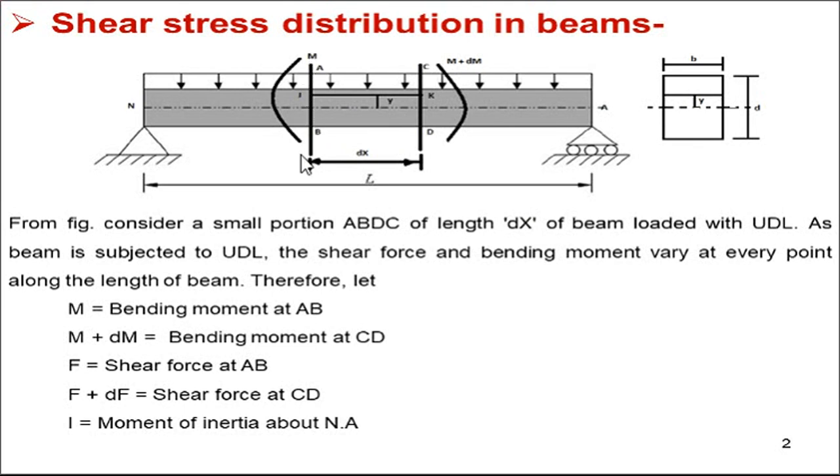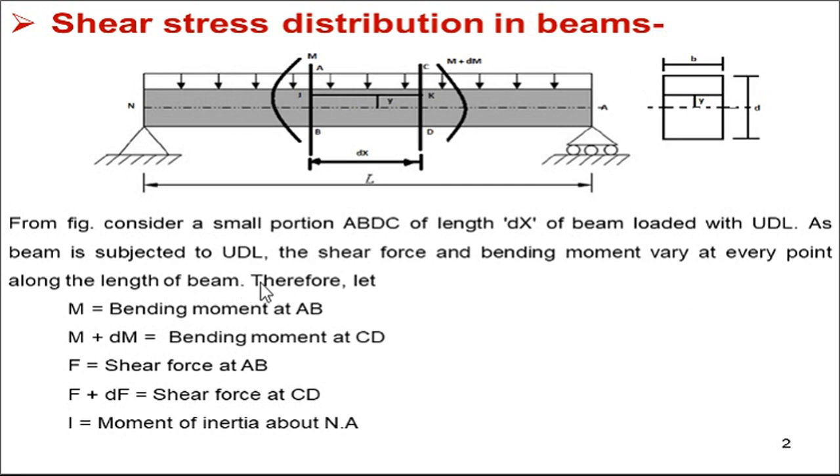We have taken one section AB, and another section which is a dx distance apart. The distance between these two sections is dx. For the derivation purpose two sections are required. The first section is AB and the second section is CD, the distance between the two is dx, and the UDL is acting throughout the beam.